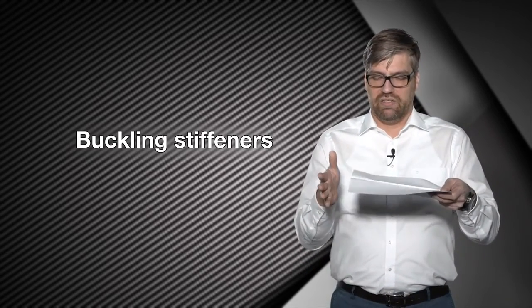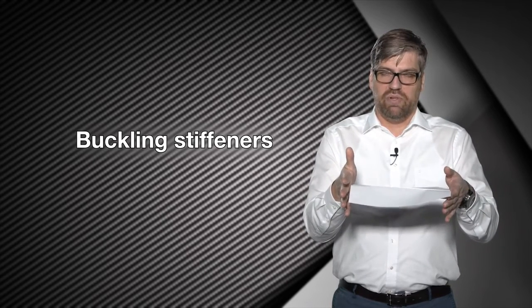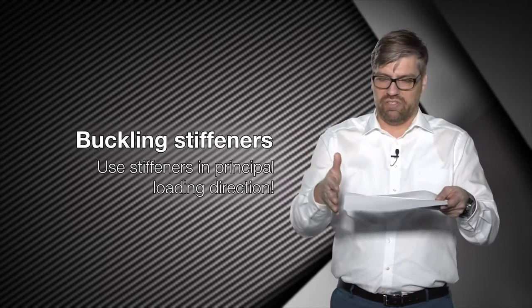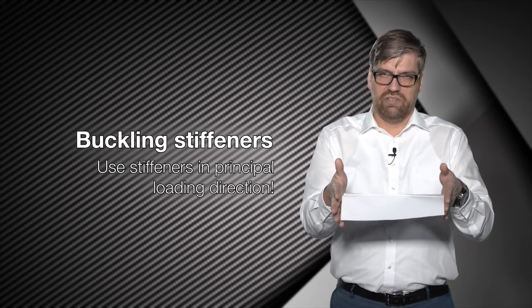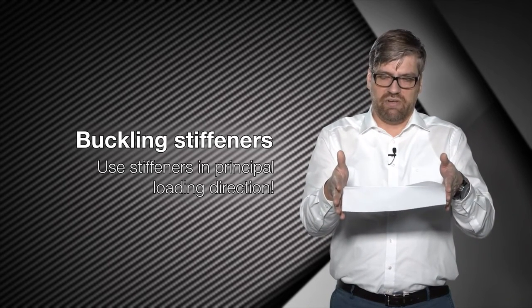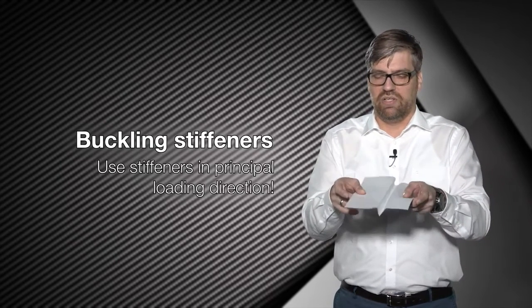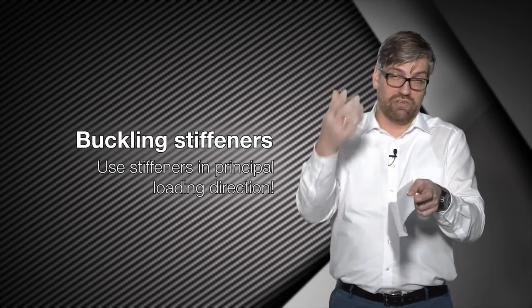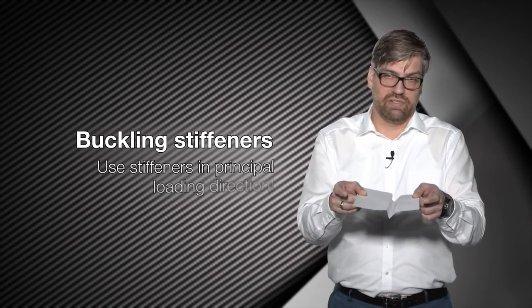Here you see, now I have a stiffener, and these stiffeners have to be applied in principal loading direction. Here in this case I apply my compressive force in that direction, so the stiffener has also to be in that direction, because when it's perpendicular to it, it has no effect on buckling or on increasing the buckling stiffness.